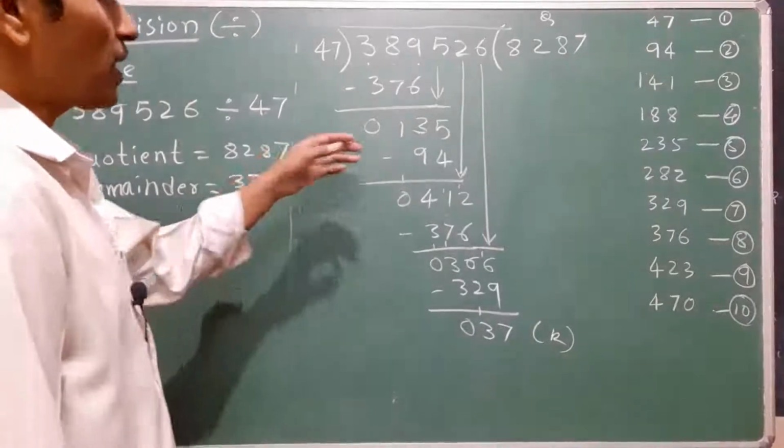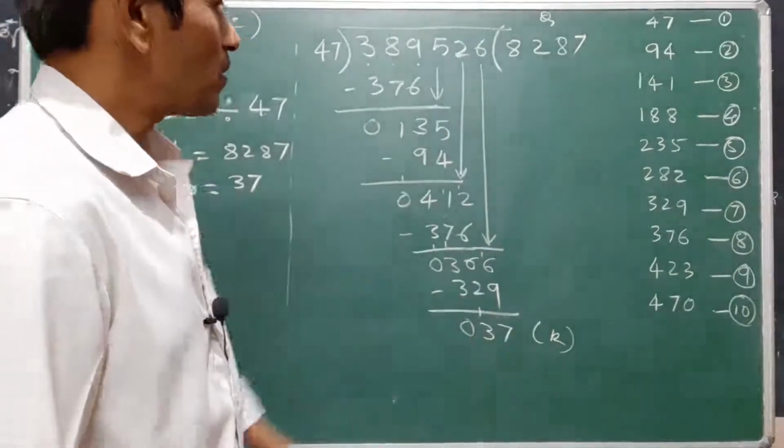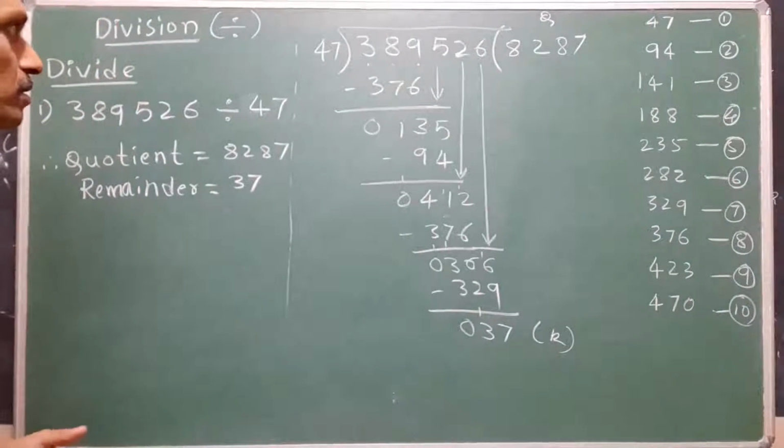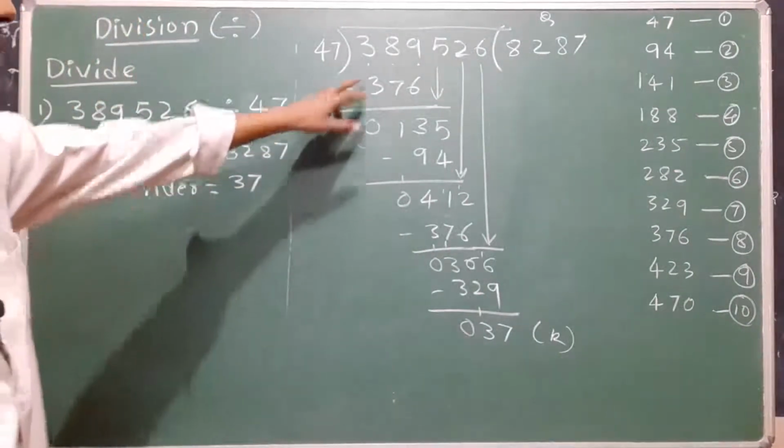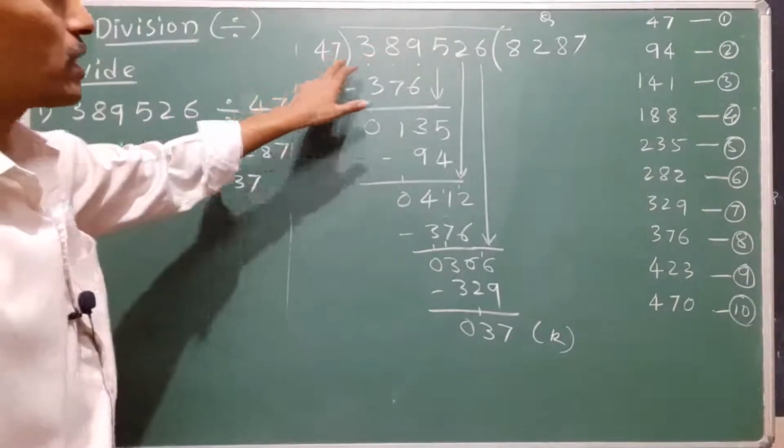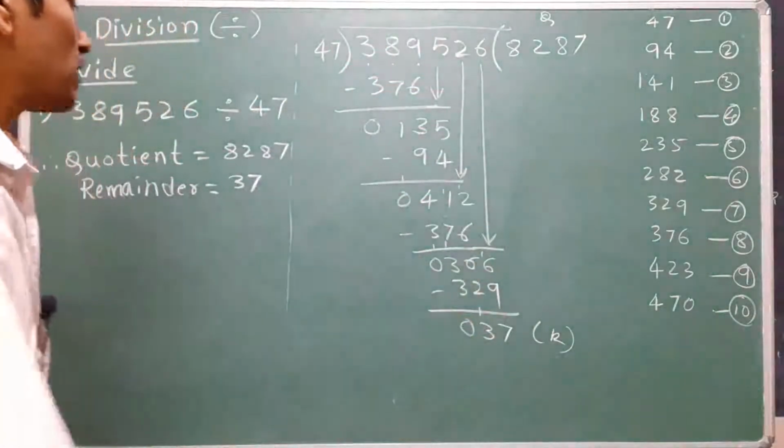Now we verify whether the quotient and remainder we got are right or not by using a formula. This is the dividend, divisor, quotient and remainder.